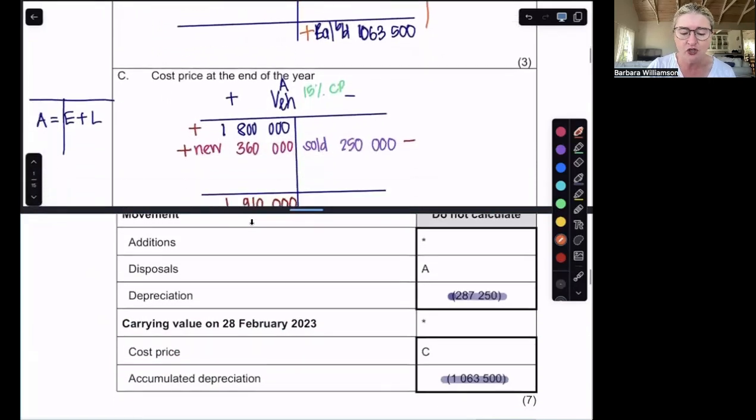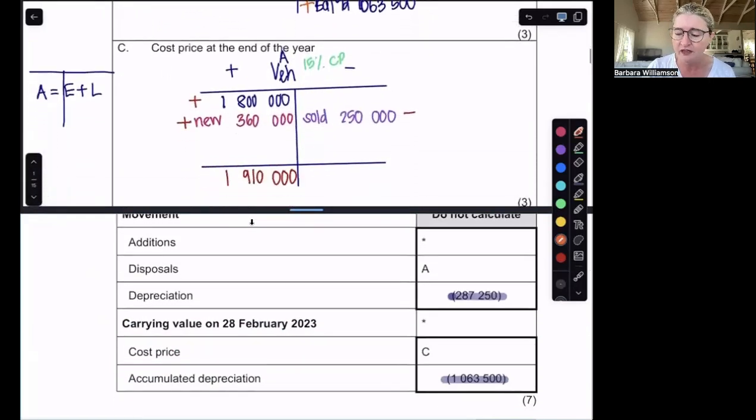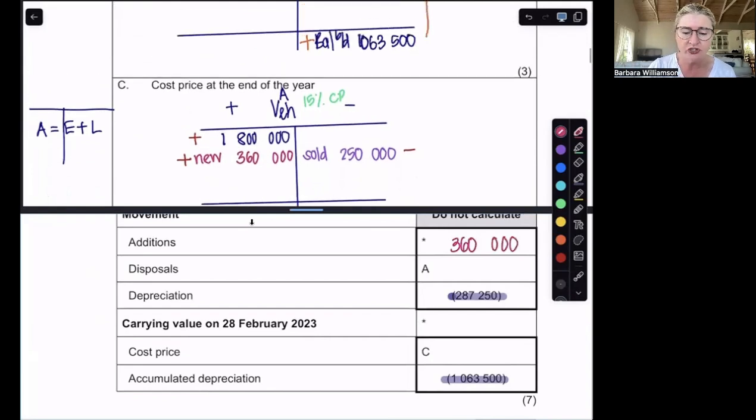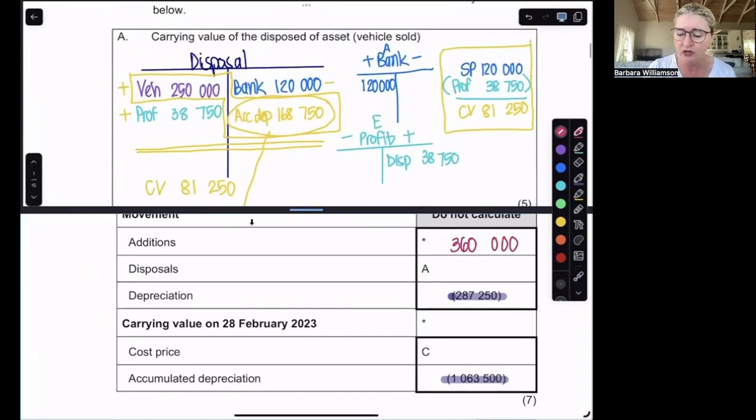Your additions, you can pick that up immediately from your vehicles account, because in the vehicles, you've got the new item shown there on the debit side of 360,000. Your disposals, you can see your carrying value we worked out over here, and you can pull it from your disposal account, 81,250.